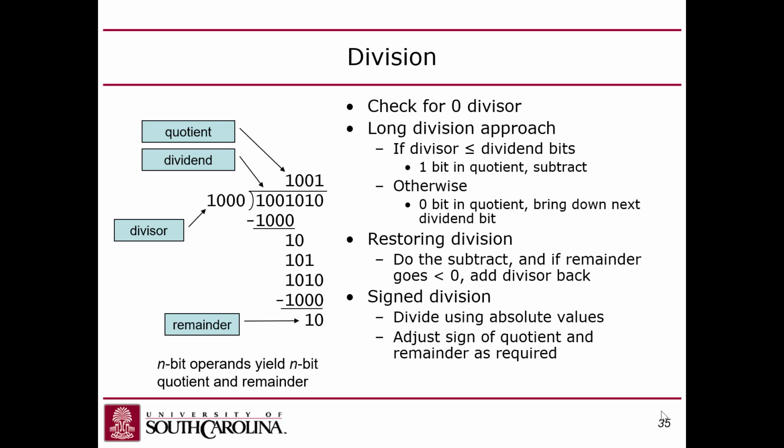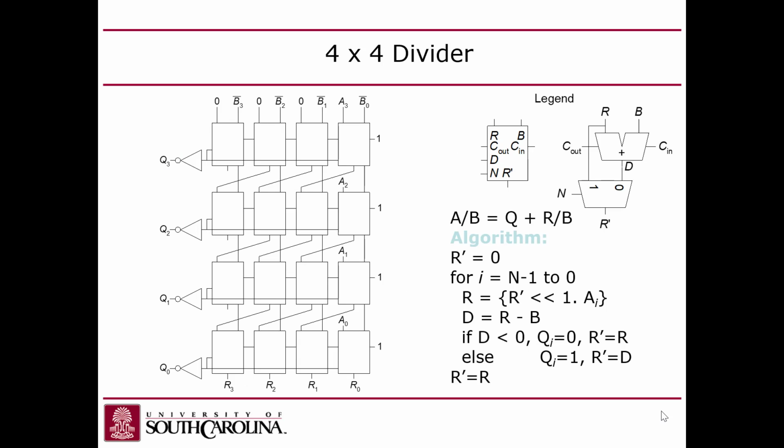So the problem here is that you've got this data dependency, because you have to try this subtraction. Typically this dividend goes into a register that's usually called the remainder register, right? Because what you have left over at the end after everything is done is the remainder.